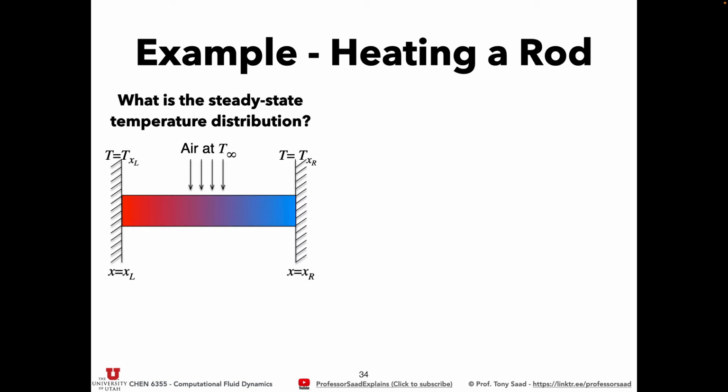We will take a simple example that I use in my numerical methods course, which is the temperature distribution in a one-dimensional rod, held at fixed temperatures on the left and on the right, and we have some air blowing at it at some ambient temperature T infinity.